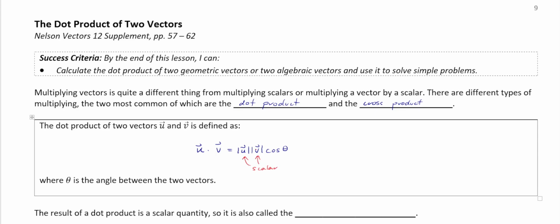That's also a scalar quantity. And what I mean by scalar quantity, that means it's not a vector quantity. It doesn't have direction. It's just magnitude. And cos theta is going to return a ratio, and a ratio doesn't have direction as well. So this is a scalar as well. So we've got three scalars multiplied together. So the dot product produces a scalar quantity.